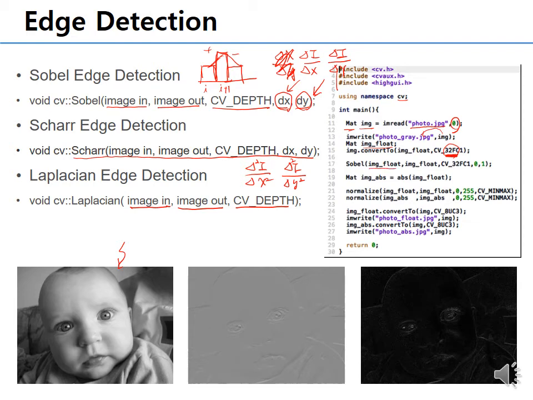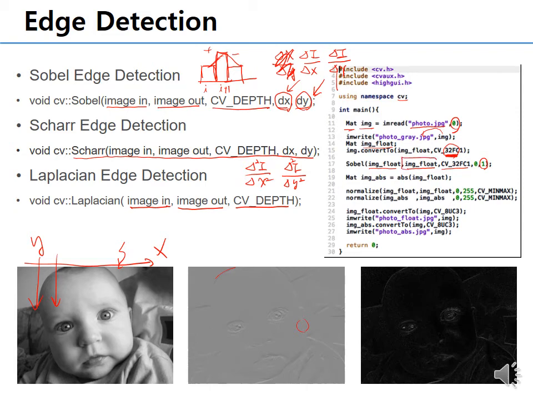So the Sobel input image is the float image, this is the output with the same image name and data type, and this is a y direction Sobel edge detection. This is the y direction, this is the x direction. Because they take a y direction Sobel edge detection, this edge is greater than this edge. This is the x direction edge, and this is the y direction edge.